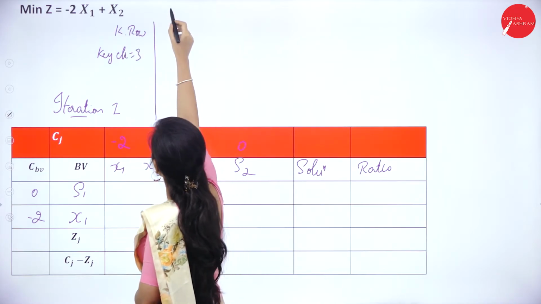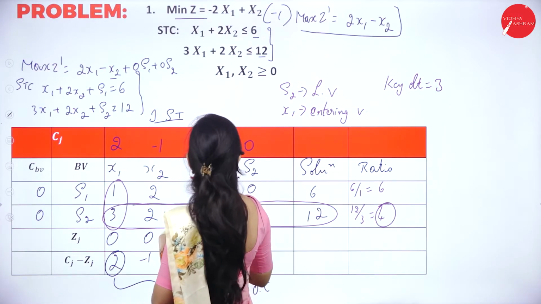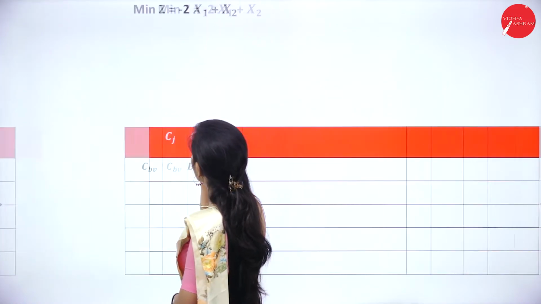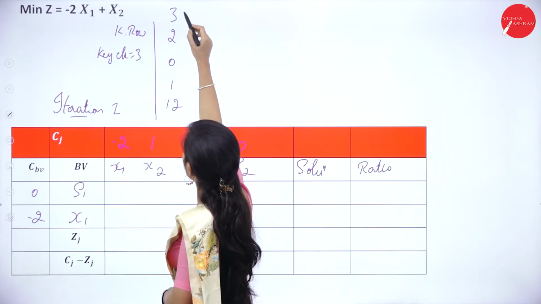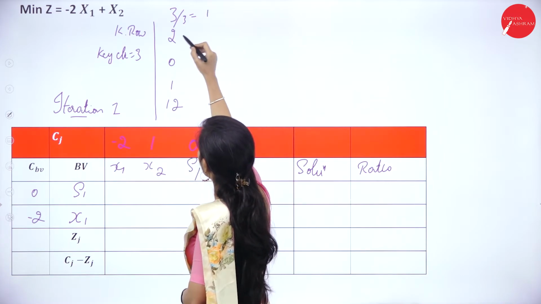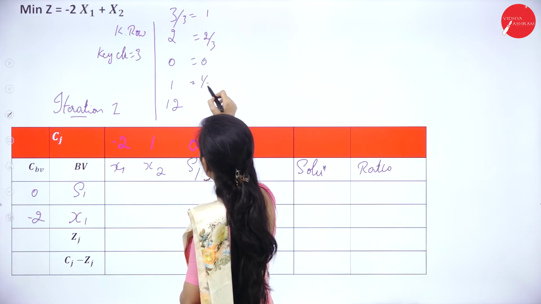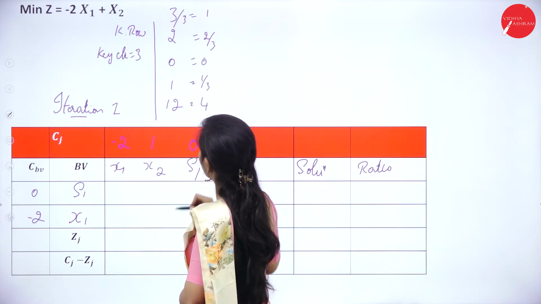So key row is 3, 2, 0, 1 and 12. So 3 by 3, key element is 3. 3 by 3 is 1, 2 by 3, 0, 1 by 3 and 12 by 3 is 4.